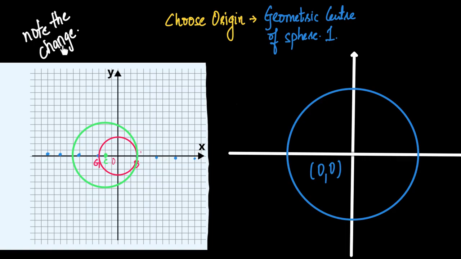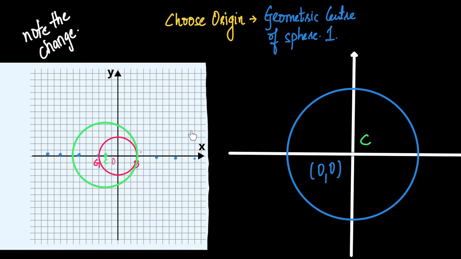Please make sure you understand this difference well. Now, what have I done? I have shifted this origin to the geometric center of sphere 1. So the largest sphere, the geometric center of that sphere, what point is that? The point is C. The C is now at origin.